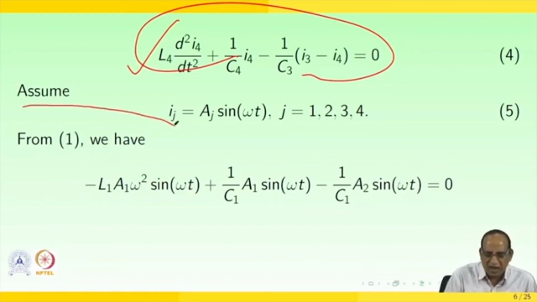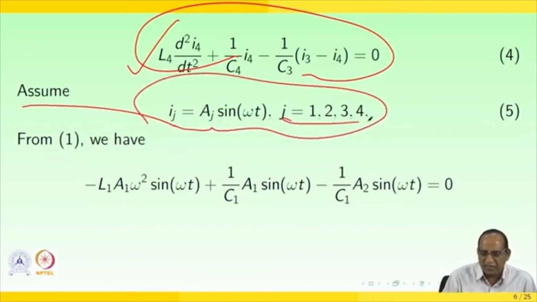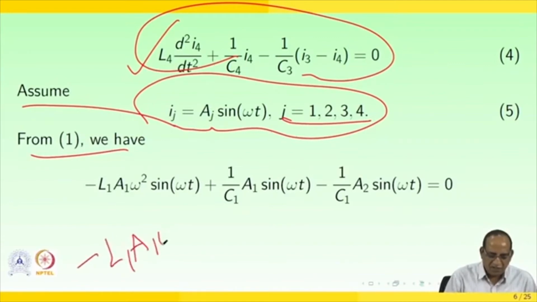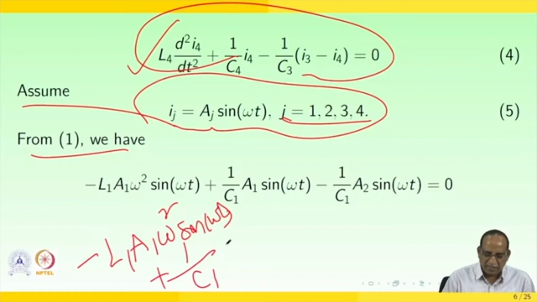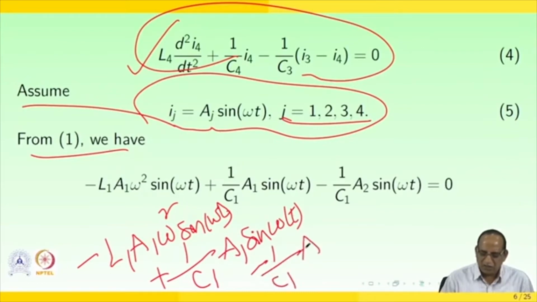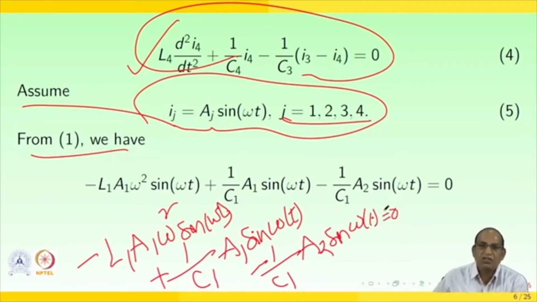Assuming that Ij is Aj times sine of omega t, where j is equal to 1 to 4. So, from the first equation we can have minus L1 times A1 omega square sine of omega t plus 1 over C1 times A1 sine of omega t minus 1 over C1 times A2 times sine of omega t is equal to 0.